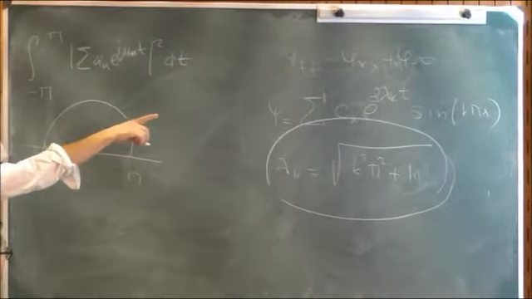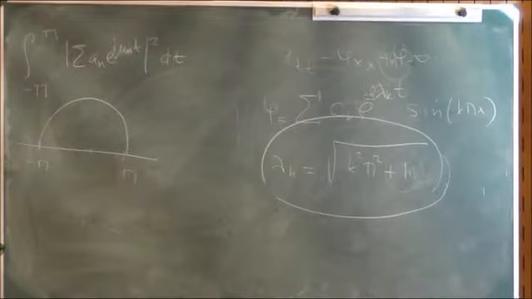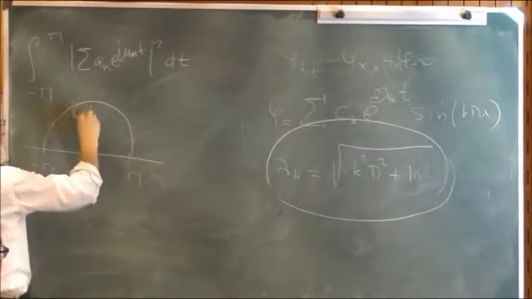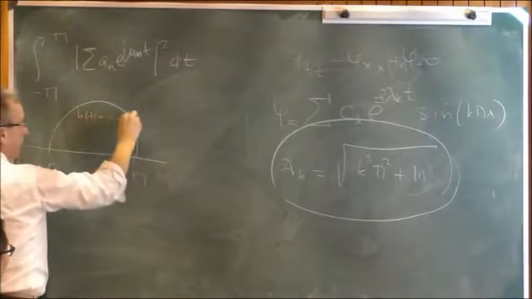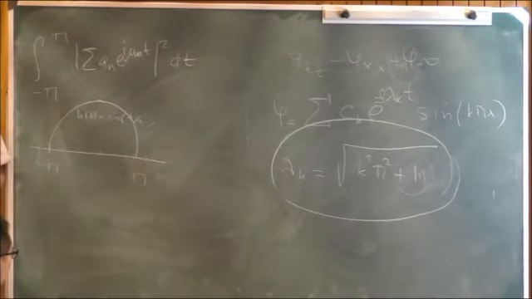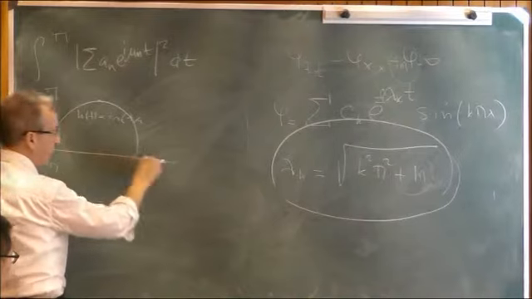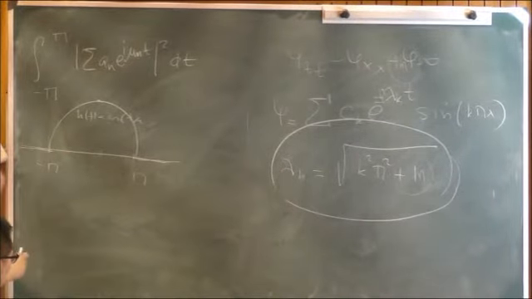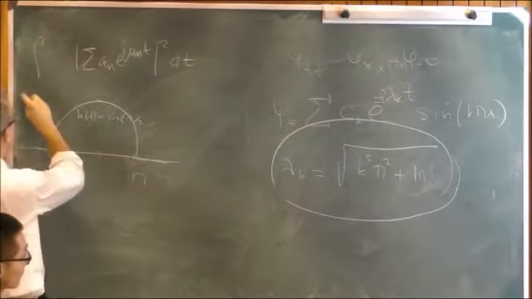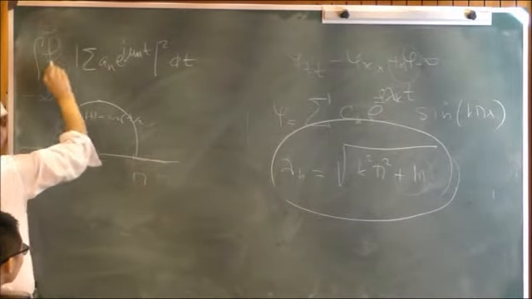And this function is cosine t over 2, right? This function is taking the value 1 here and 0 here, right? And then if you extend this function by 0, then you can say that this integral is greater than this.